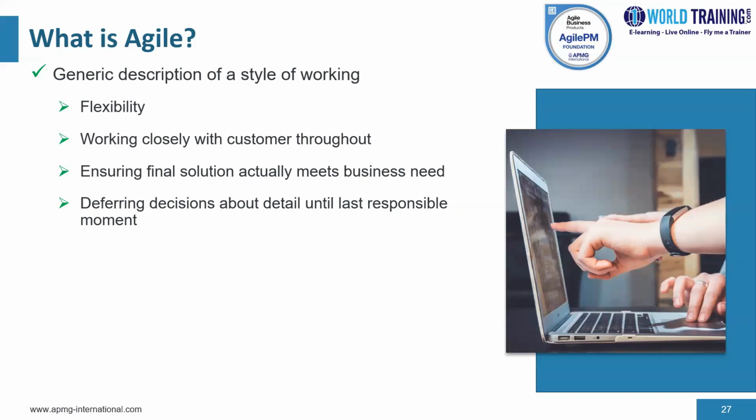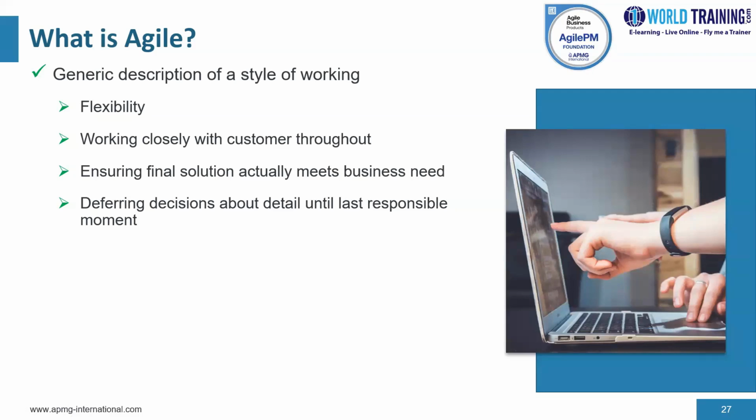That's being Agile. And agility is all about making sure that the final solution actually meets the business need. And oftentimes, in agile frameworks, we defer the decision about details until the last responsible moment. So these are some generic characteristics.